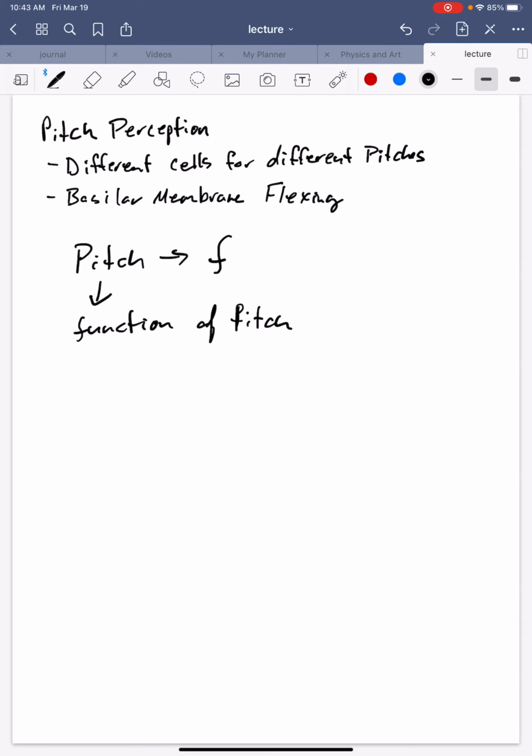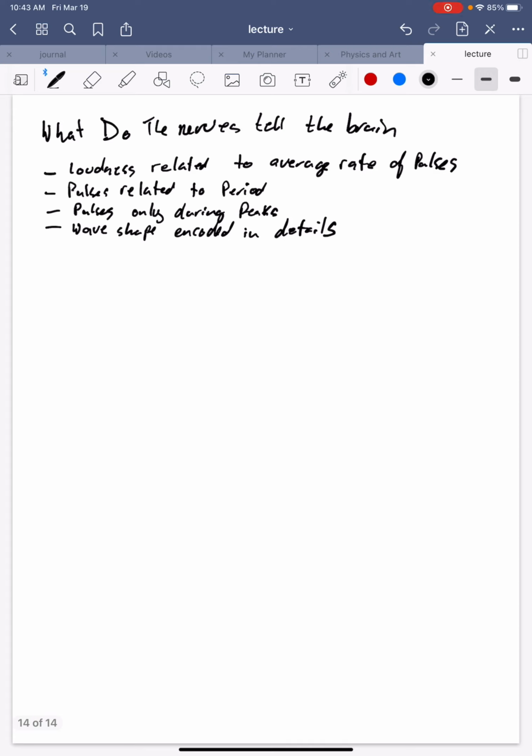So what do the nerve pulses look like, and how do they, in a summary way, determine my ability to perceive sound? So if I look at a histogram or a schematic of the nerve pulses that are being produced, where I'm taking that mechanical motion and turning it into electrical pulses that go down my nerves, there are four pieces that are important.